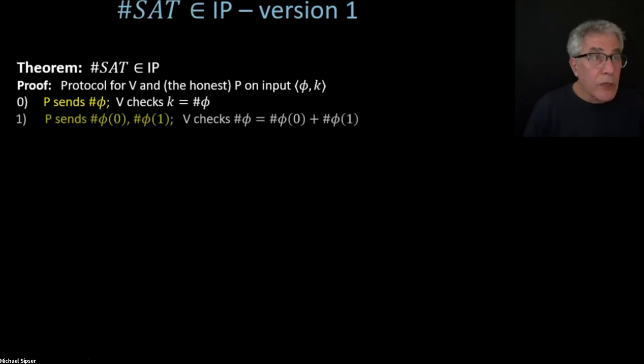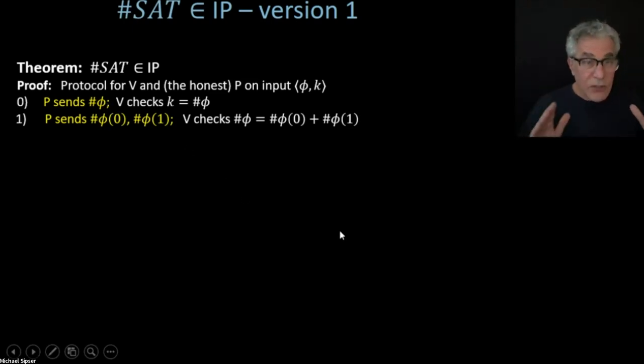So I'm just going to remind you what we did last time, but I'm going to change this. So remember, before P sent and unpacked at one level, sent the number of satisfying assignments, said number phi of 0 and number phi of 1, and then V did that check to justify the previous value, which the verifier doesn't necessarily trust.